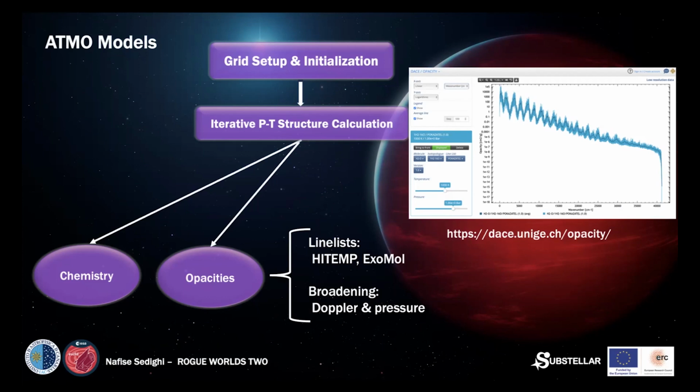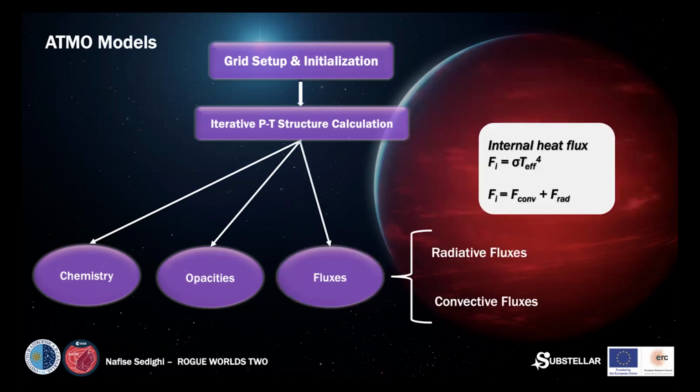And another thing that we calculate is broadening, the Doppler and pressure broadening, in the opacity files. And if you want to take a look at this website, it is a useful website where you can see the opacity files and play with the temperature and pressure and see how it's changing.